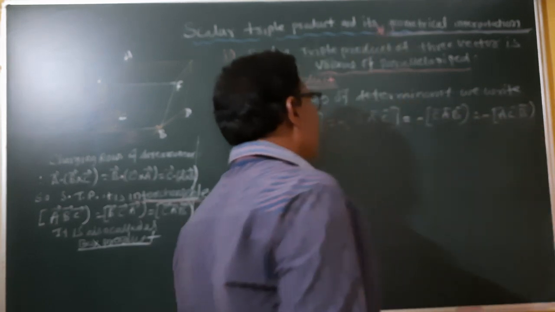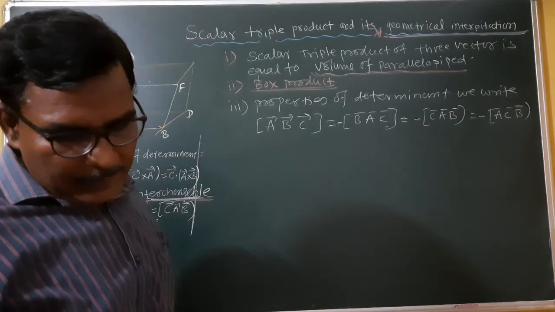This is one more property. The box product can be interchangeable, so it can be written in this way.